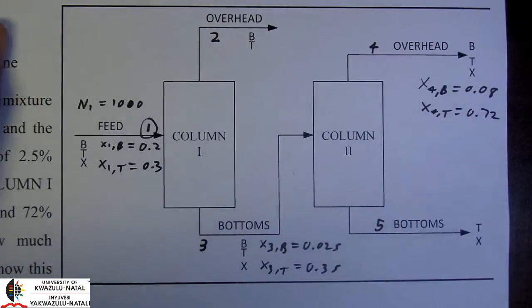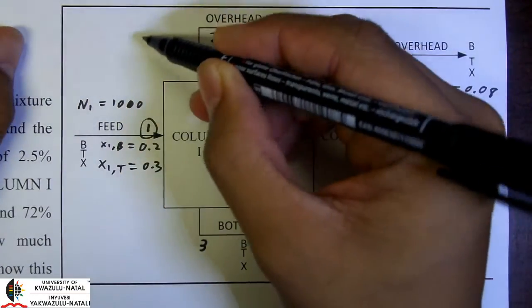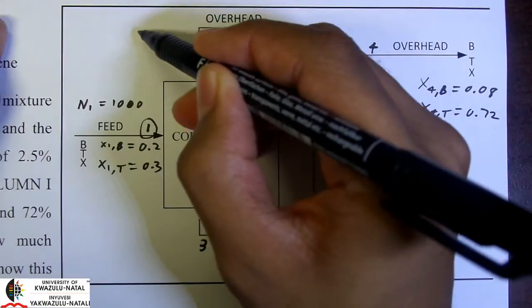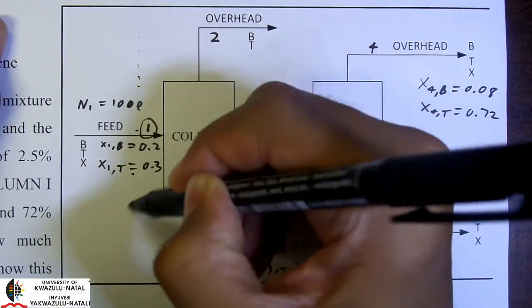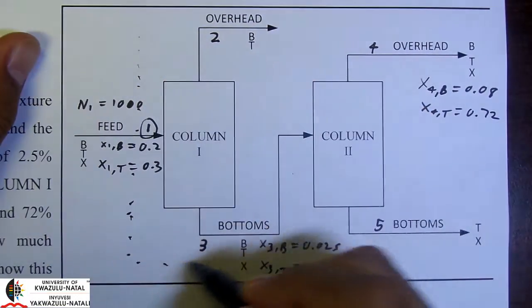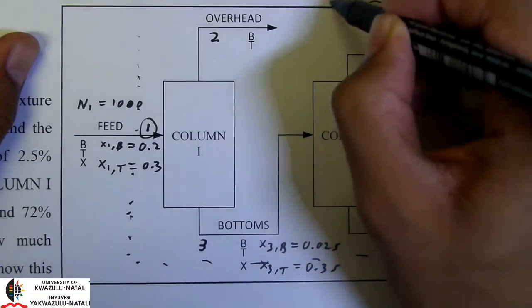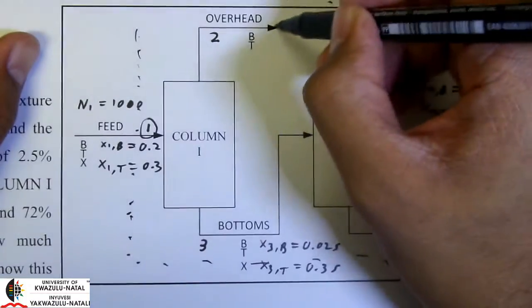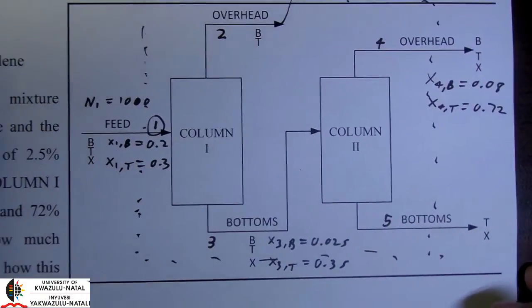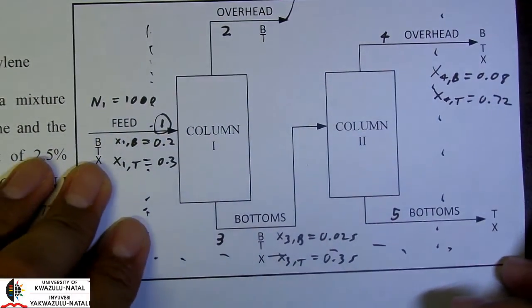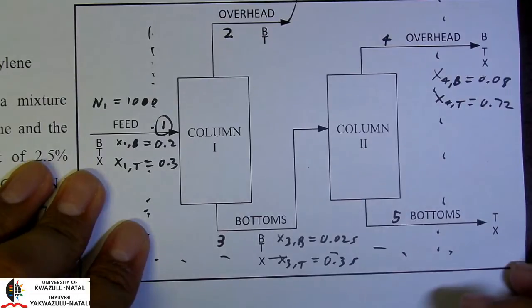Also, another issue is that if we look at an overall balance, okay, drawing a box around the entire process, then we see that only 4 streams actually cross the box.